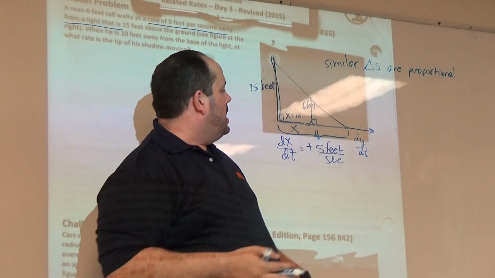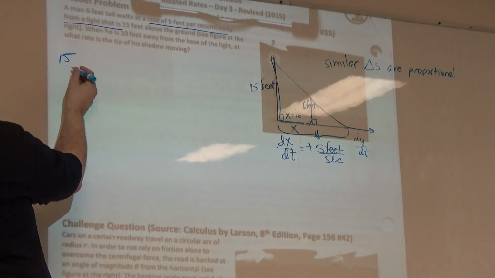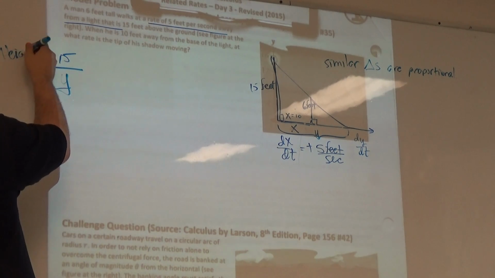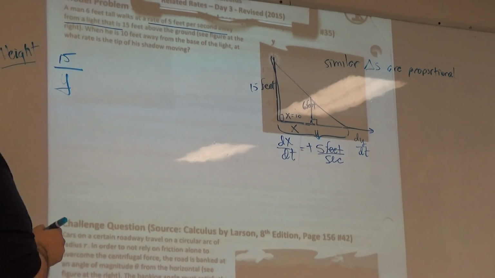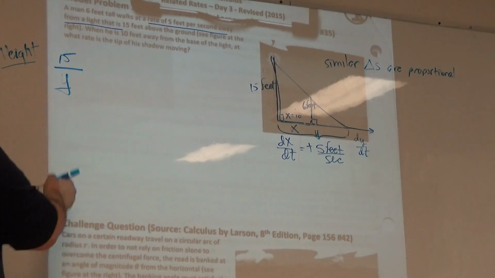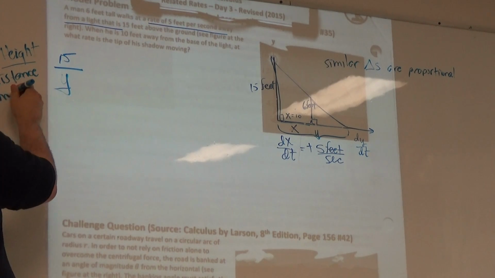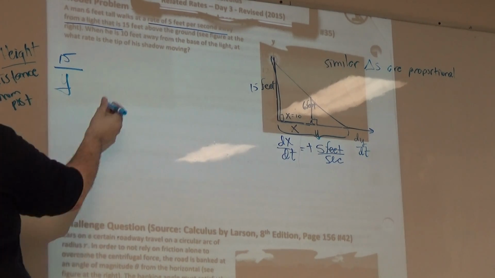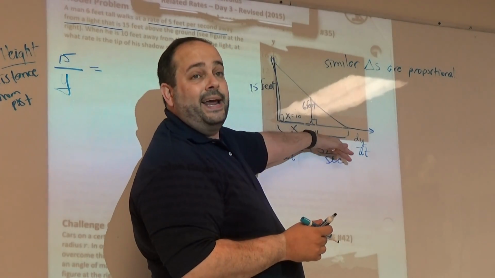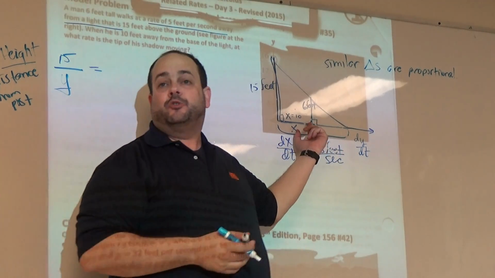So if I look at the big triangle, I could say something like 15, so the height, to y. So this is a comparison of height to, what does the y represent? From the post to the tip. It's the distance from the post. So the ratio of 15 to y has to be the same as the ratio for the small triangle.